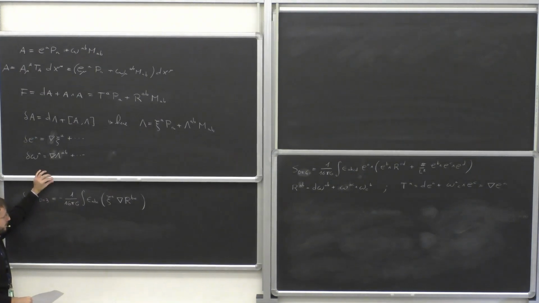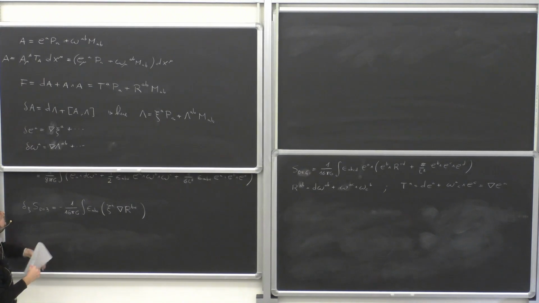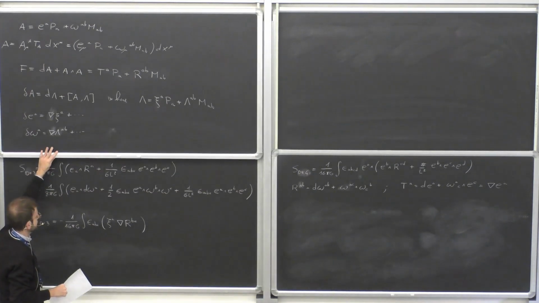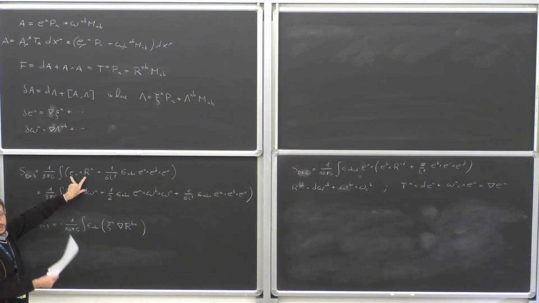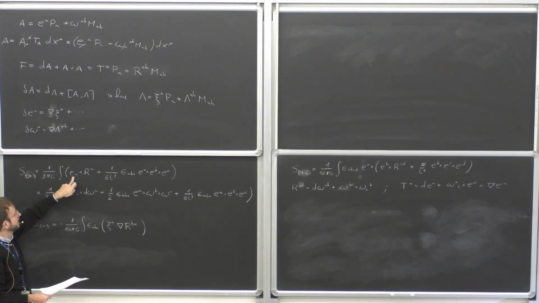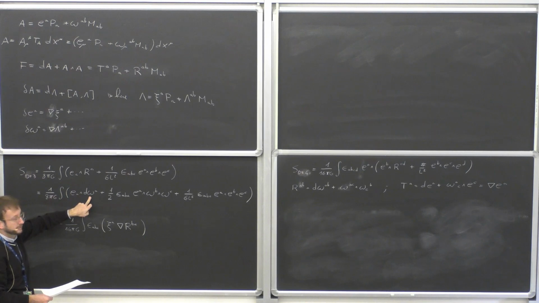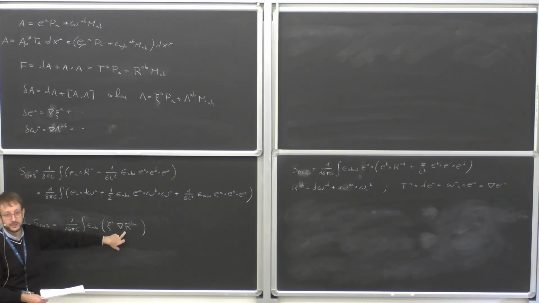So what this means is that here I have in the action a term like this, plus the rest. If I substitute the Lorentz covariant derivative, the gauge transformation of this guy, in the other term there is only an omega, it is manifest that at least I gain this term here.